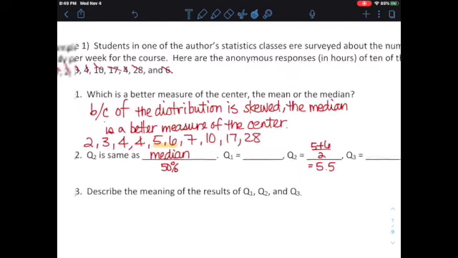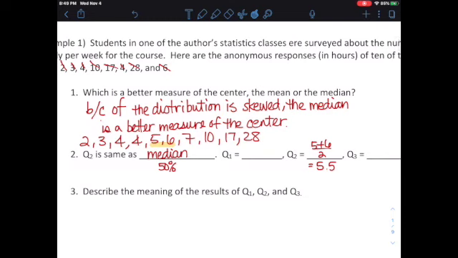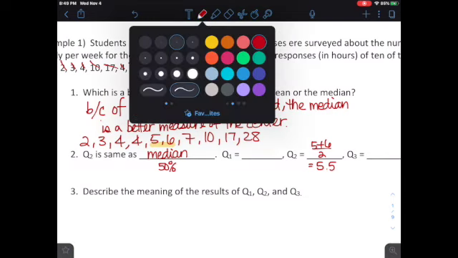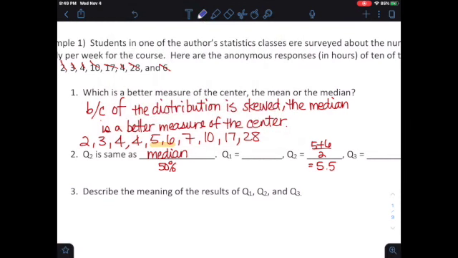Then if you do Q1, now Q1 is going to be split between all of them by quarters. So if you split, 5 and 6 is a split, and if you look at the left hand side, 4 will be the middle one, so Q1 will be 4.